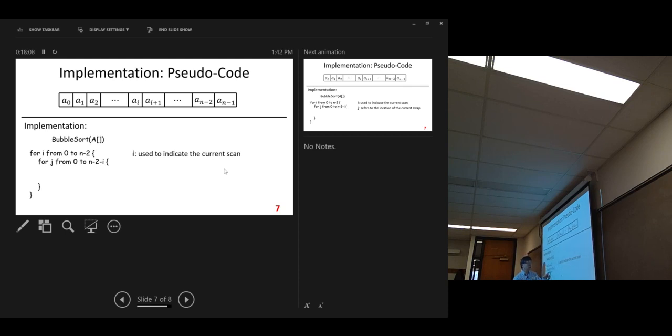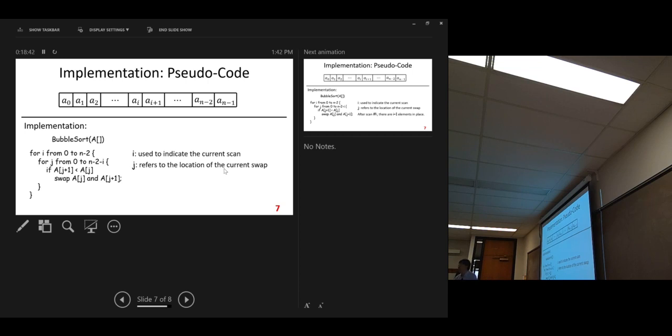So that's how you control j. Inside, you check if two adjacent elements form an inversion or not. This means adjacent inversion. When you detect an adjacent inversion, you apply the swap operation to fix it. So that's the bubble sort.